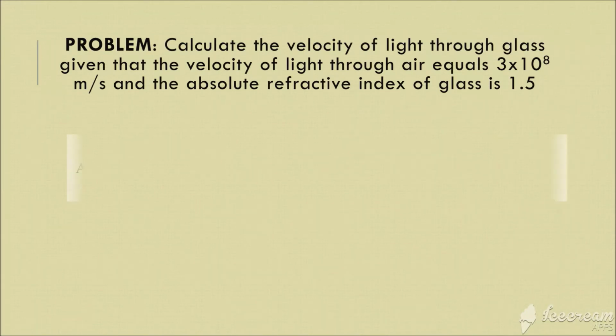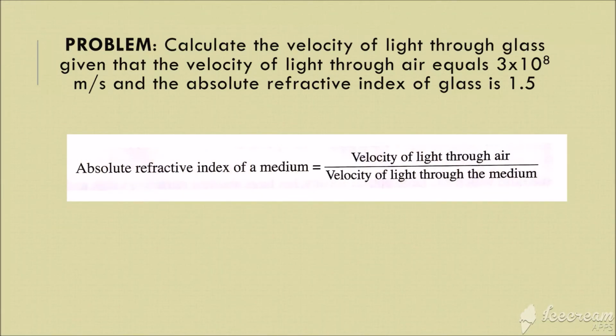Let's solve this problem. Calculate the velocity of light through glass given that the velocity of light through air equals 3 times 10^8 meters per second and the absolute refractive index of glass is 1.5. First, we should write this law. Absolute refractive index of a medium equals velocity of light through air over velocity of light through the medium.